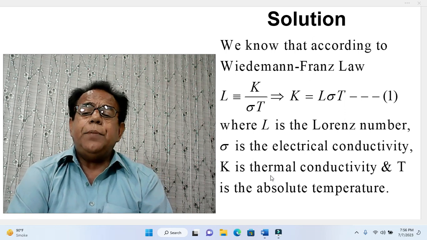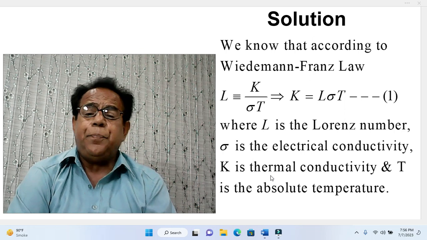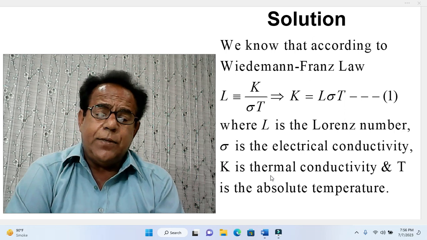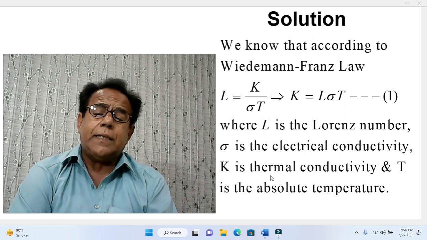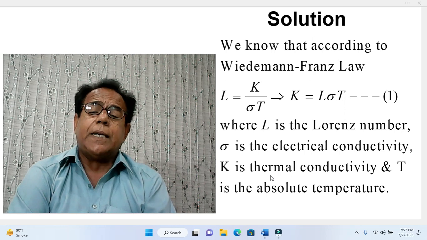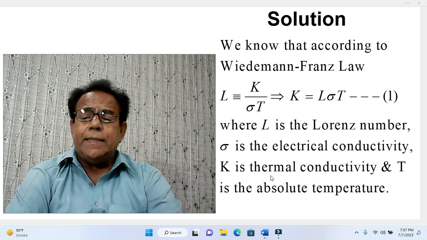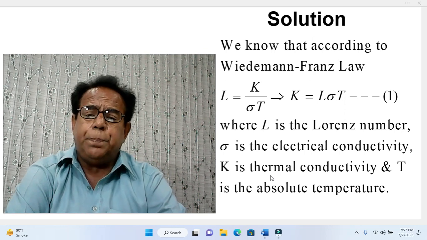In various tables we have discussed that electrical conductivity is denoted by rho, while thermal conductivity is denoted by capital K, and T is the absolute temperature.